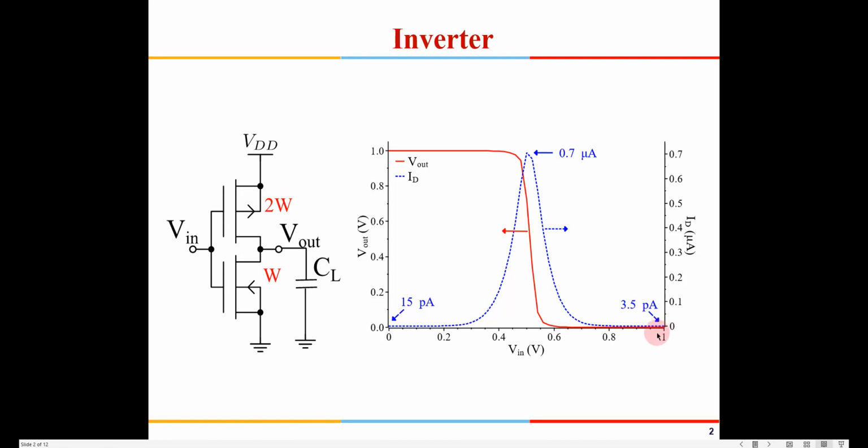Similarly, when the input is 1, the PMOS is supposed to be completely off, but some leakage current will still pass, measured here as 3.5 pico ampere. So 3.5 pico watt of power will be consumed when the input is 1. We saw these transfer characteristics last time, and we will see how to measure these also.